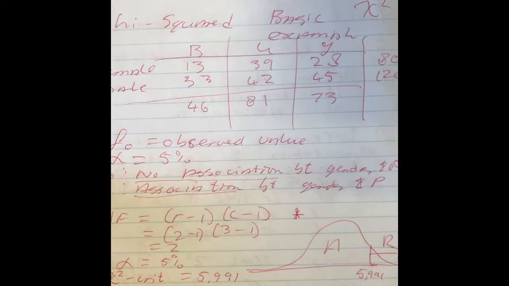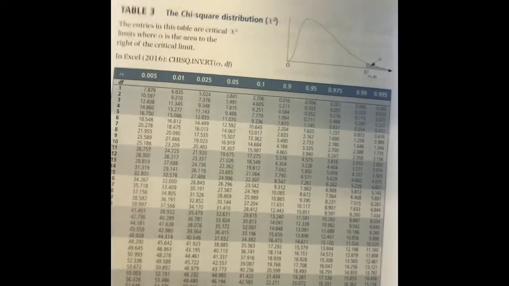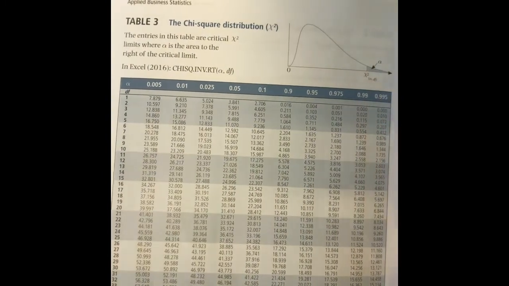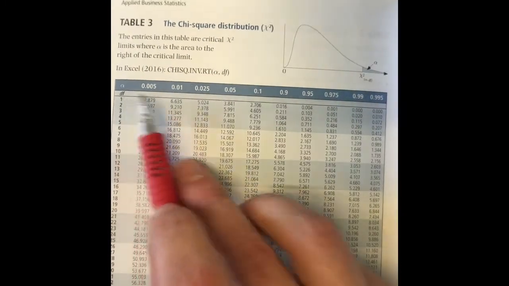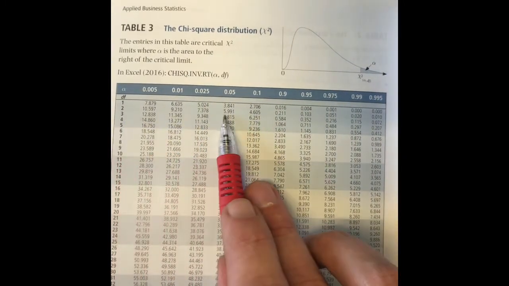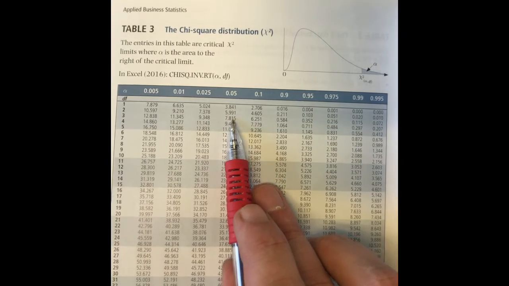Now we are working with a completely new table. This is table 3 in your textbook, and it is your chi-square table. Here you can see that it is an upper tail area of rejection, and we want to go to 5% and degrees of freedom of 2. And that will give us a value of 5.991.